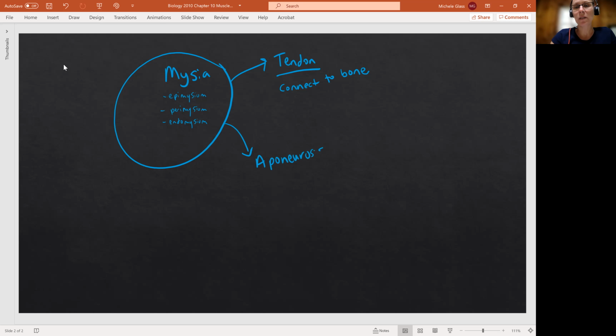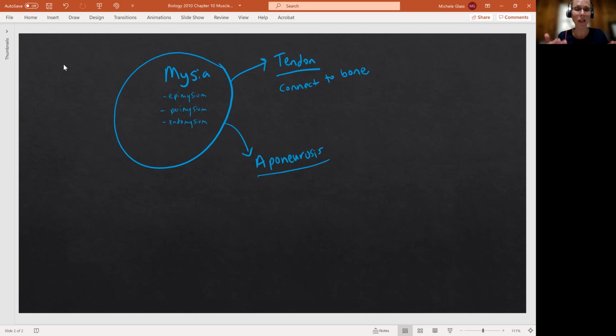So what we typically see is these connective tissues, because they are these important layers of the muscle at all three levels, outermost, wrapping around fascicles, wrapping around cells, we'll see that pretty much they take on the shape of the whole muscle.